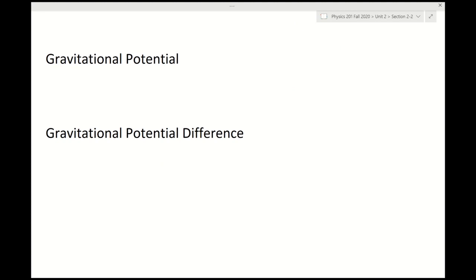Well, then that sets us up for this idea of a gravitational potential. A gravitational potential is the energy per unit mass. In other words, we're having a GH or G delta Y or a GD or something like that.